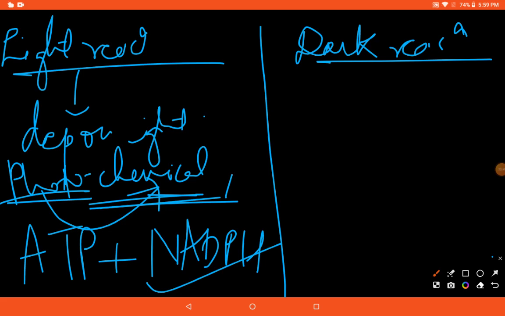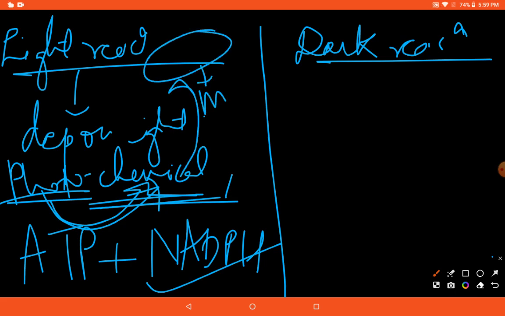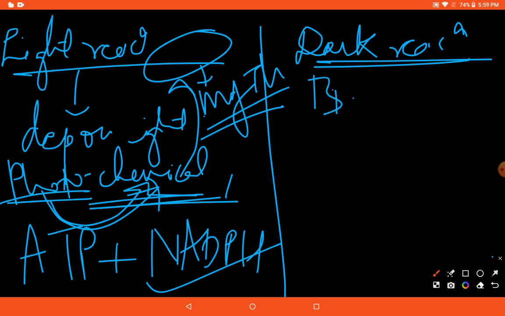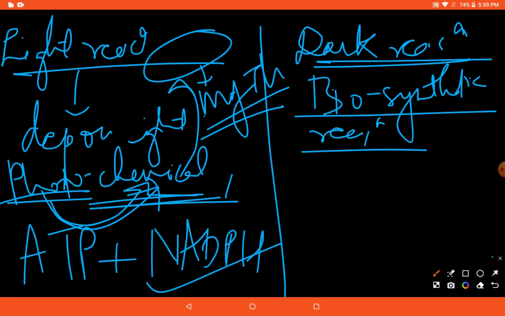So if it is light to chemical energy, where will it take place? Light reaction will take place in the membrane of thylakoid. Now dark reaction, it's a biosynthetic reaction. Since it's a biosynthetic reaction, remember that it is always dependent upon products of light reaction.